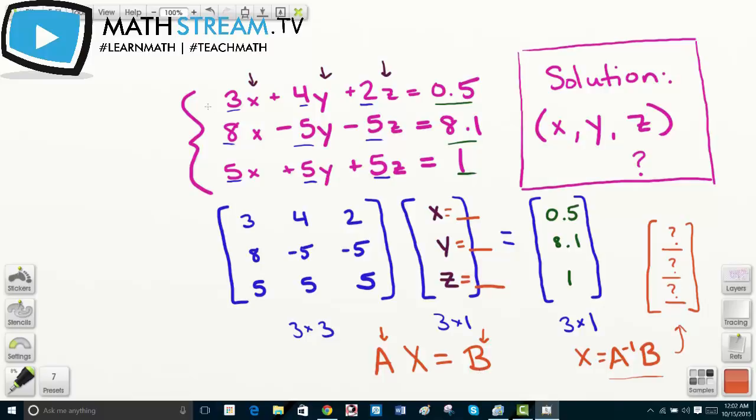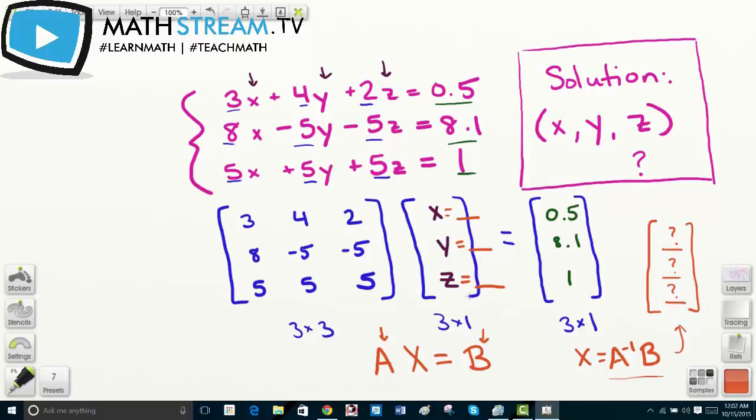So in order to solve a system of linear equations using matrices and also using your calculator, you organize your equations so that everything is lined up in columns, x, y, z, equal sign, constant term. You put all of the coefficients in this first matrix. We call that the coefficient matrix for good reason.